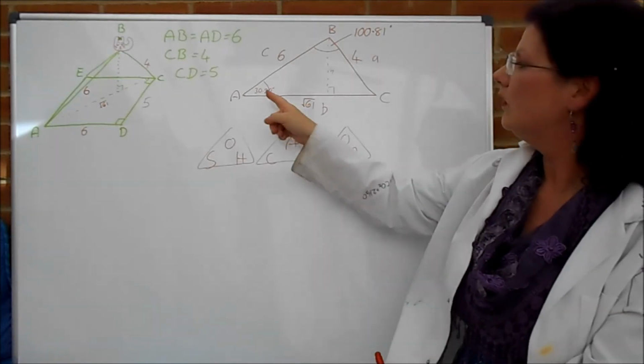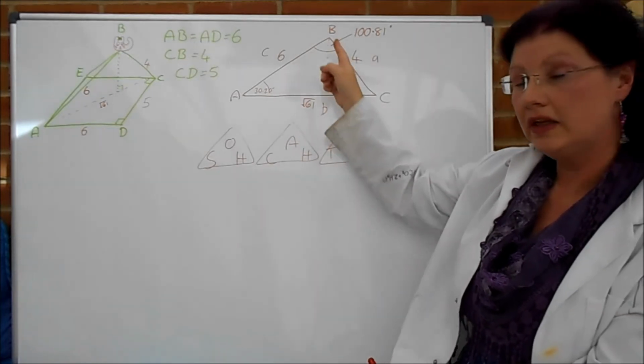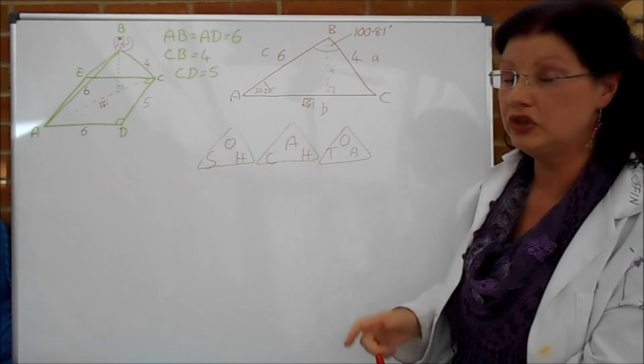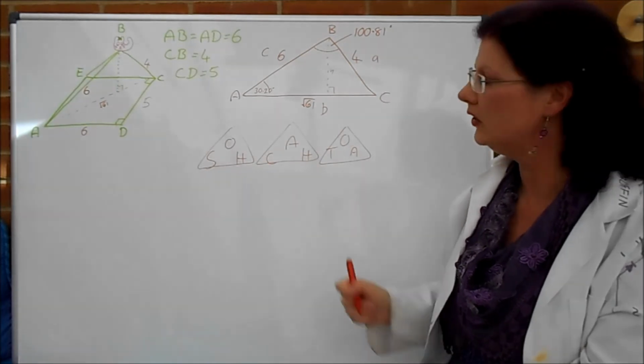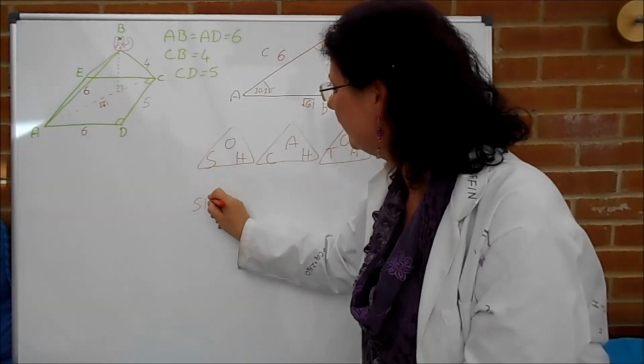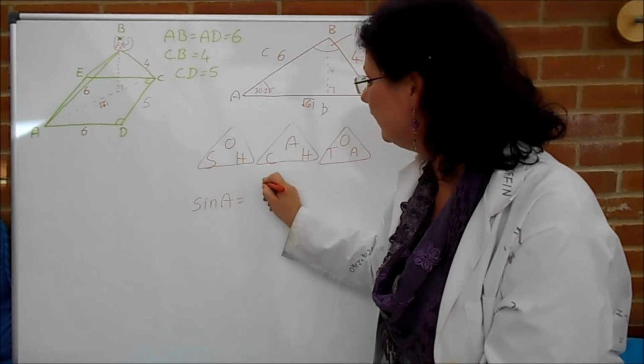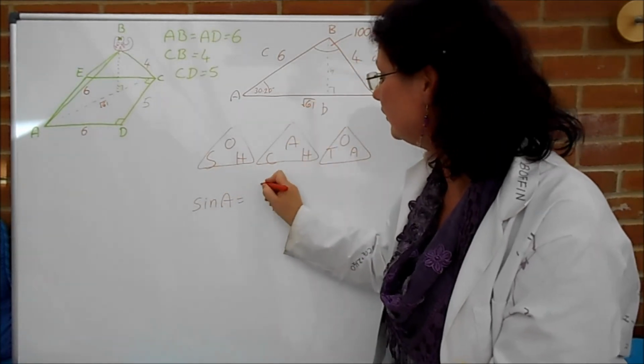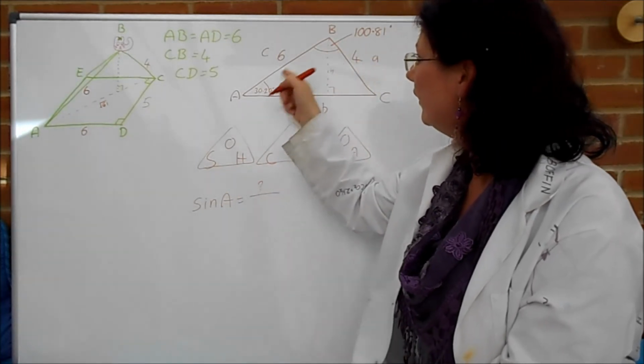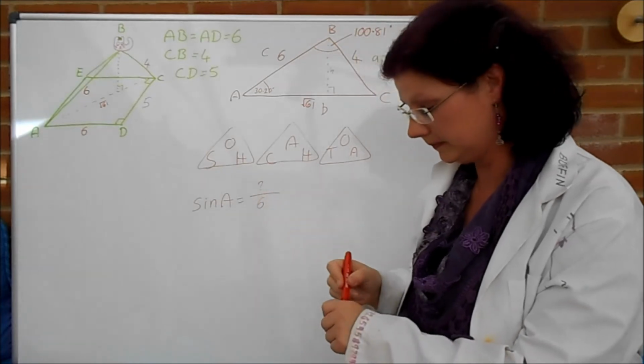Okay, we've got the angle, we've got the opposite is what we're wanting and the hypotenuse, so we're going to use sine on this one. So the sine of the angle is equal to the opposite, which is the thing we want, over the hypotenuse, which is 6.